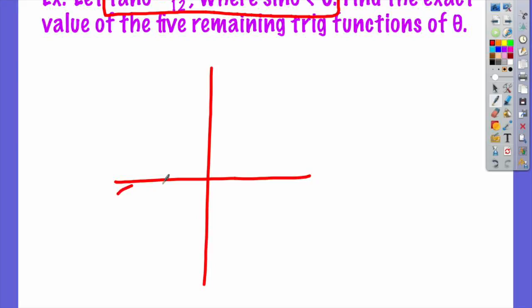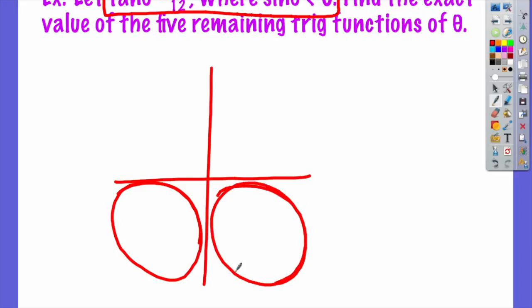In number 3 and 4. But out of these two, where is tangent positive? 3. So your triangle is going in the 3rd quadrant here. Everybody catch that? Yes.